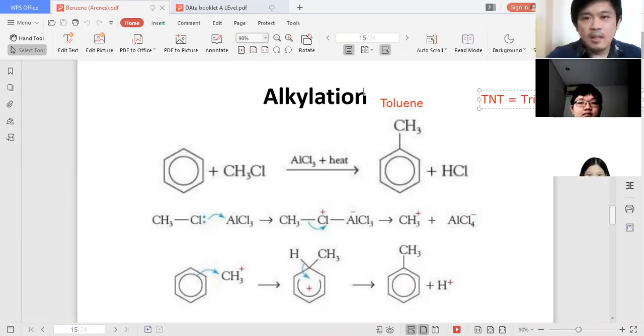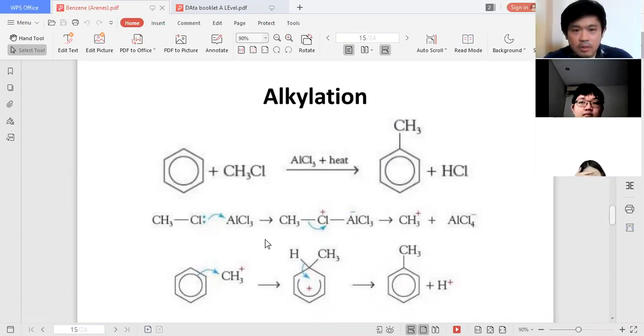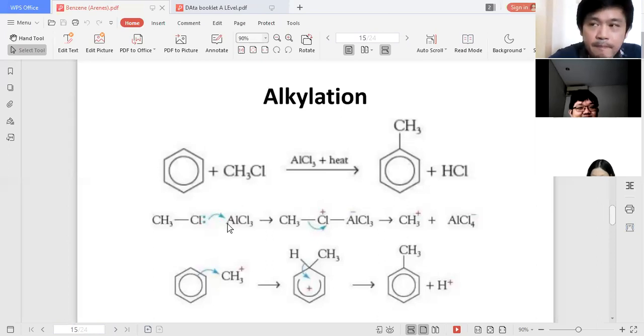Okay. And then the mechanism for the catalyst or the formation of the electrophile is the same as the halogenation of benzene.